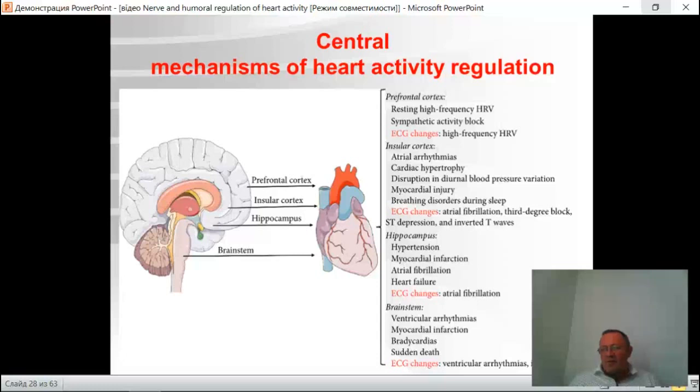Brainstem has irritation effects during ventricular arrhythmia, myocardial infarction, bradycardias, and sudden death. On ECG, the result of excitation is ventricular arrhythmias.